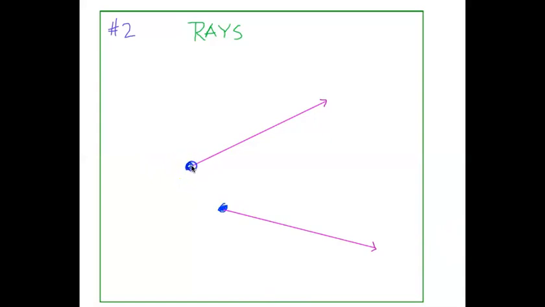Or was until I accidentally erased it. Okay, point. This is a point, and that is a point. The pink things are what we call rays. This is a ray, and this is a ray.